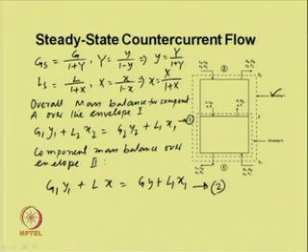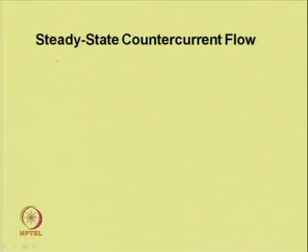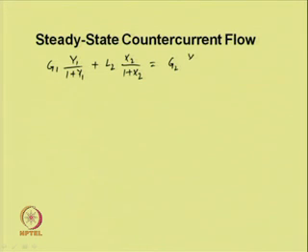Now, if we write these equations in terms of the solute free basis, we can write G1 into small y1, which is capital Y1 by 1 plus capital Y1, plus L2 into x2 by 1 plus x2, is equal to G2 Y2 by 1 plus capital Y2 plus L1 capital X1 by 1 plus x1.